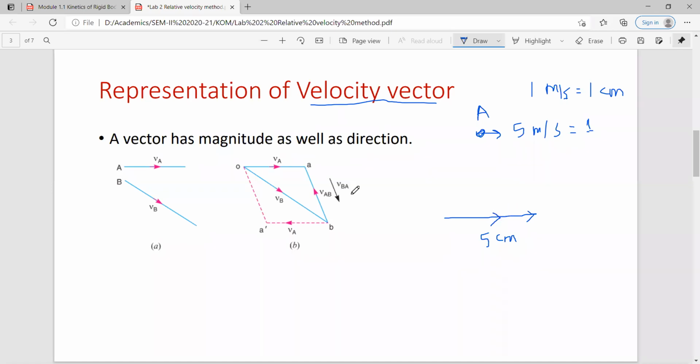Suppose there is one point, say point O, and this point is fixed.